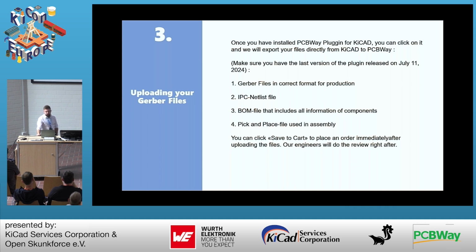And then it will automatically put into our system your Gerber file, your IPC netlist file, your BOM list if you ask for assembly service, and your pick and place file. And after that, you have to click on Save to Cart, because if not, it won't be registered into our system. And once you click on Save to Cart, it will be checked by our engineer for the review process, as I mentioned earlier.